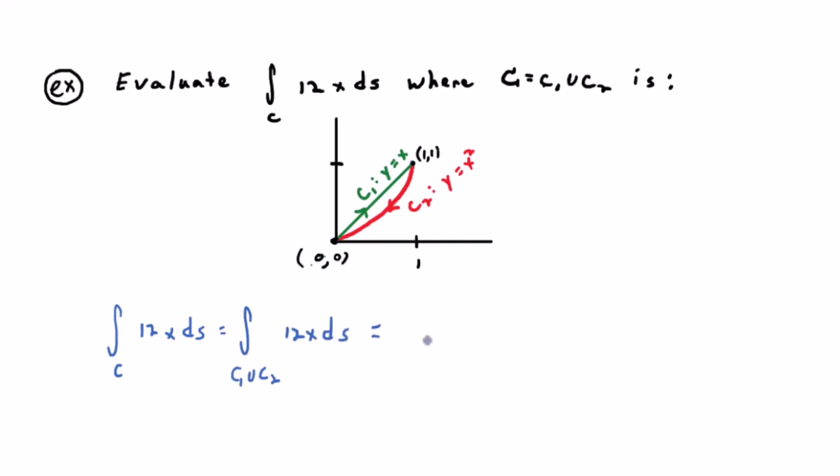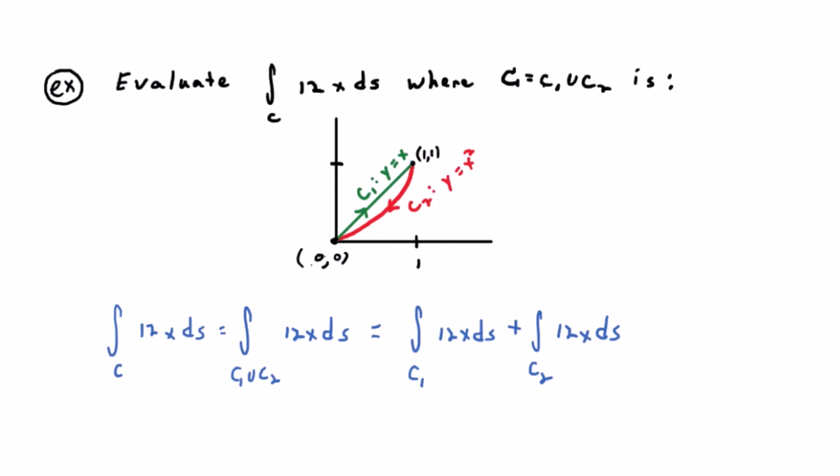And this is my claim: that's going to be the same as the integral over C1 of 12x ds plus the integral over C2 of 12x ds. And so the idea then is we can break this up into two separate integrals.